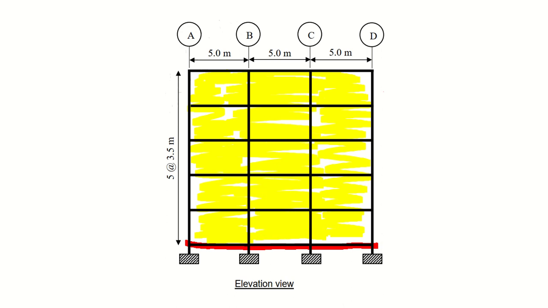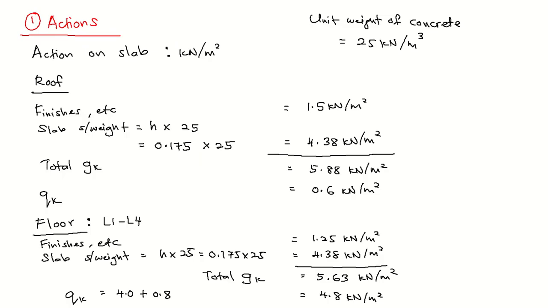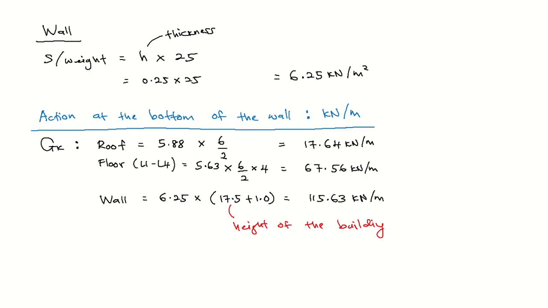All of this wall, the height of the wall, all of this will be carried by this bottom of the shear wall. So we need to times the height of the building here, 5 times 3.5.